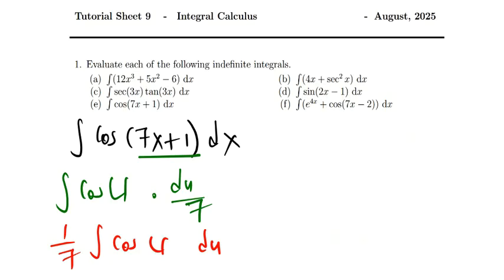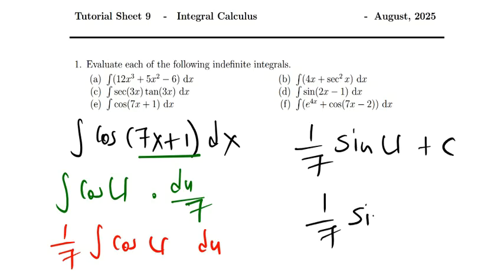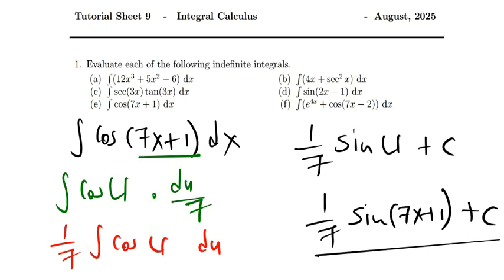So at that point, it's very basic and straightforward. So the integral of cosine is just sine. We're just reversing the derivative. So that is sine of u plus constant c. So 1 over 7 sine 7x plus 1 plus constant c. That is the integral. Okay.